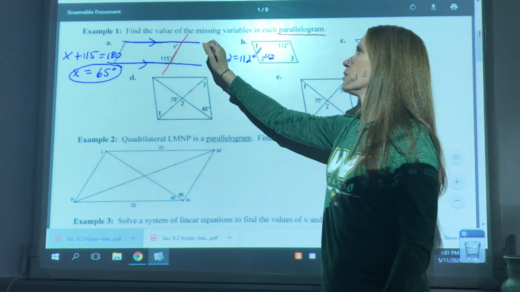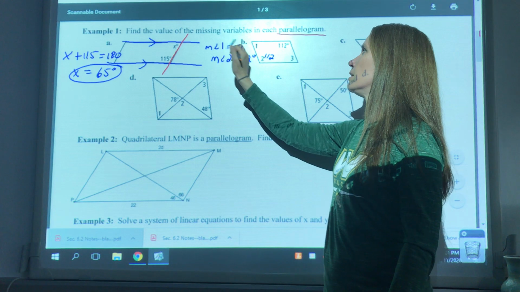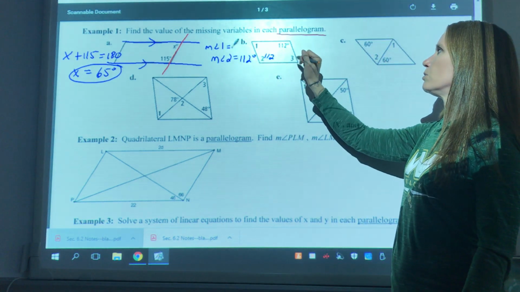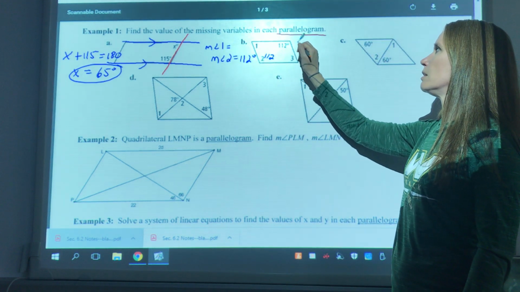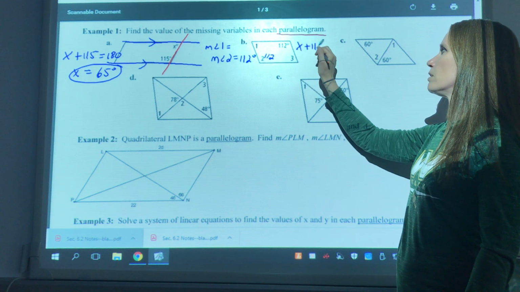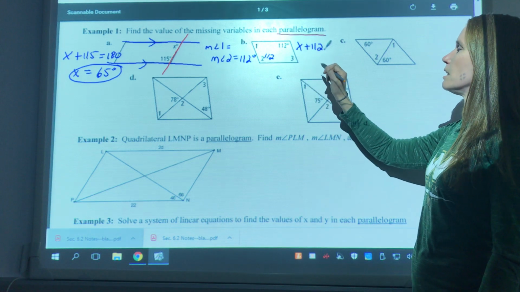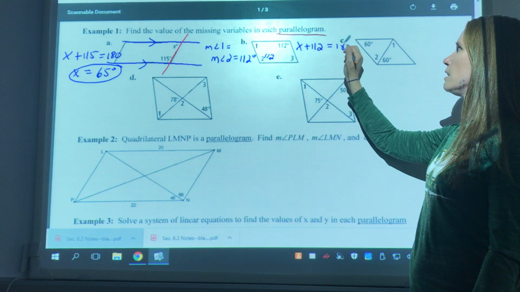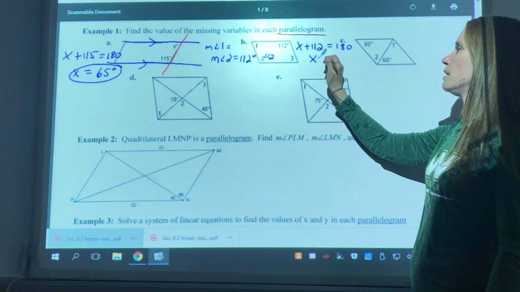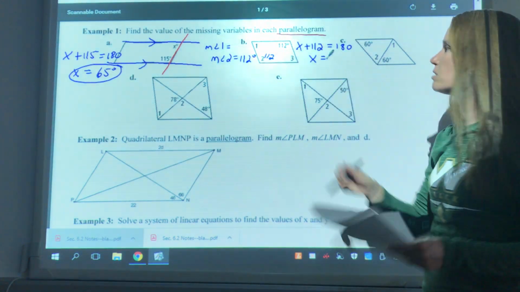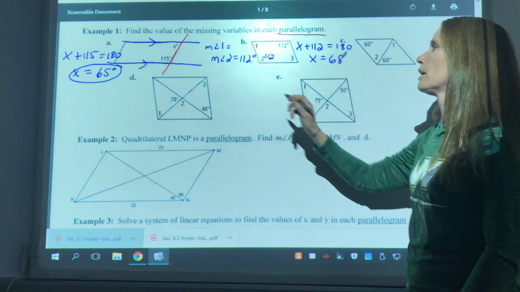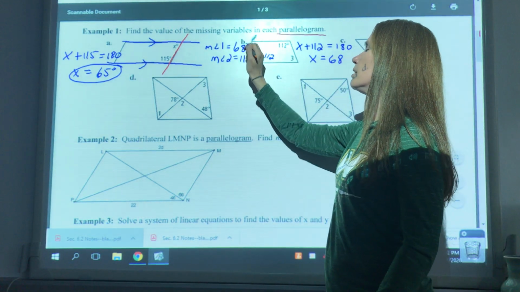So for the measure of angle 1, I can do x plus 112 is equal to 180, and I can solve and get that x is equal to 68. Or angle 1 is equal to 68.